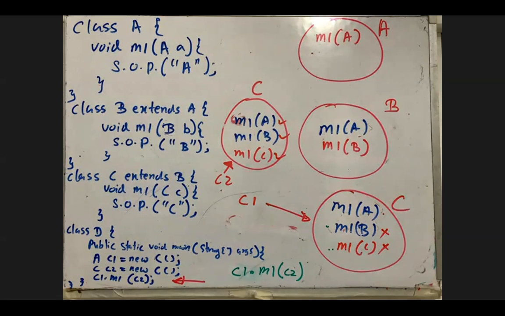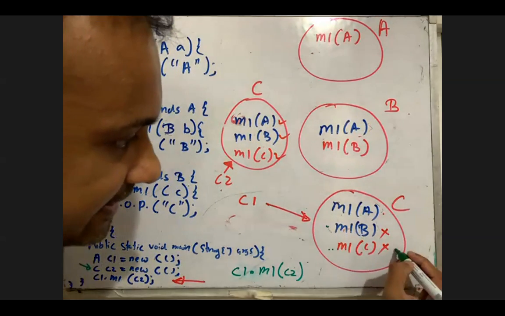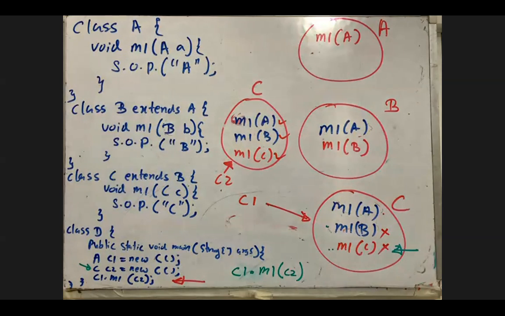C2's object reference is C. C2 is a C type object. That means you are trying to access the third method, because it is a C type object.